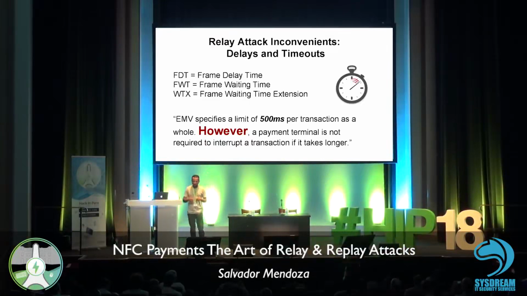If the transaction continues, the terminals, all of them basically, continue until it finishes. It could be 4 seconds. The last one I tried took 4.5 seconds, so it's a lot of time.